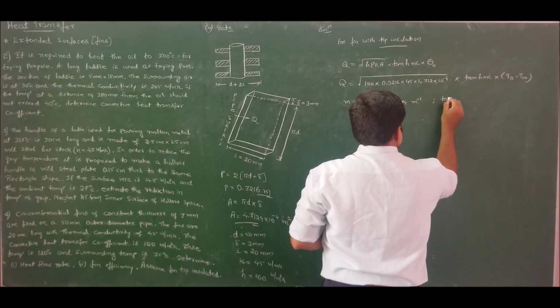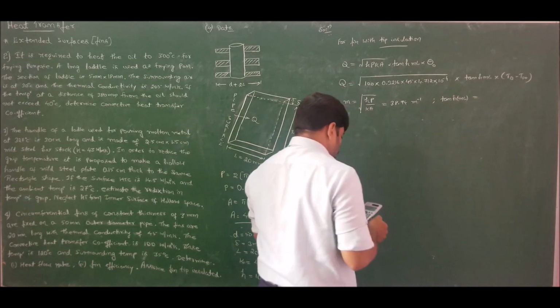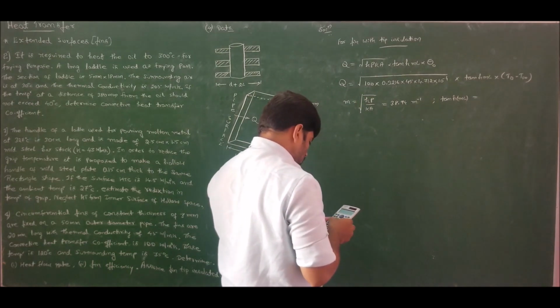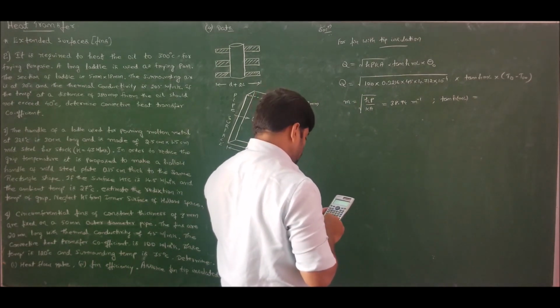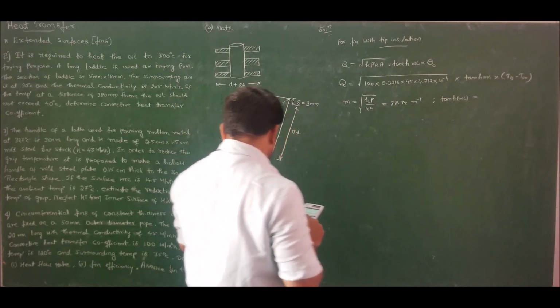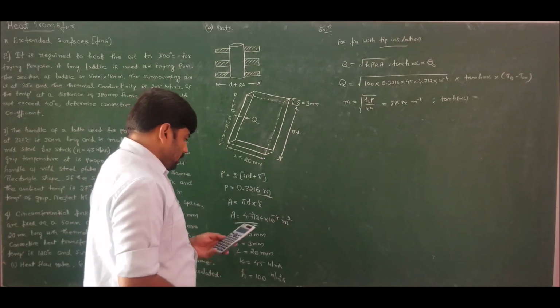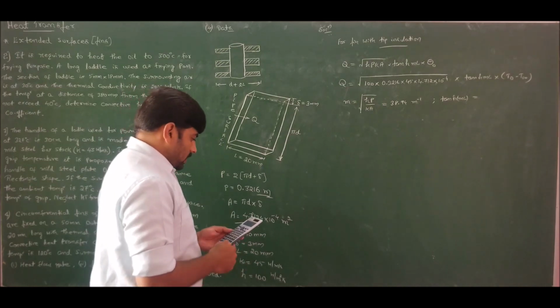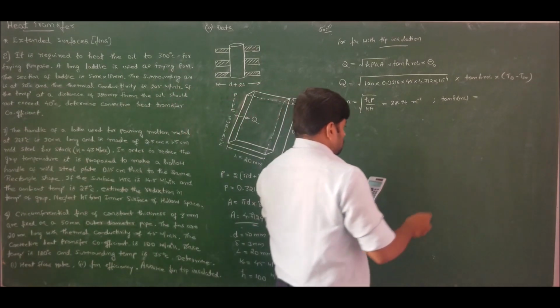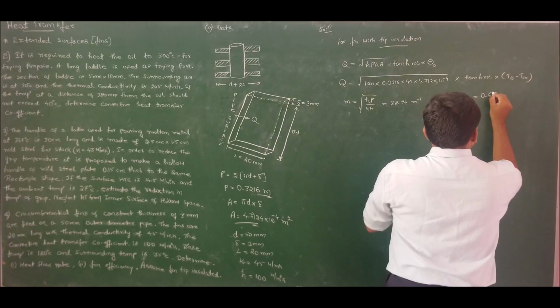Hence, tanh(mL) will be tanh of 38.94 into L, where length is 20 mm, so 0.02 meters, which turns out to be 0.652.